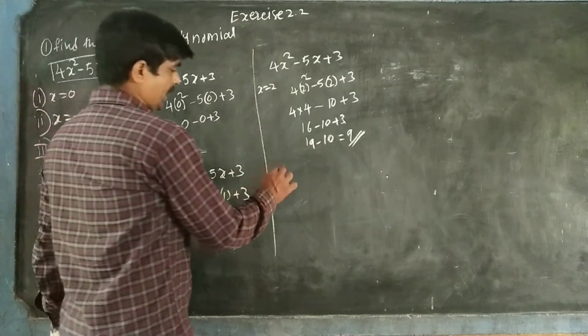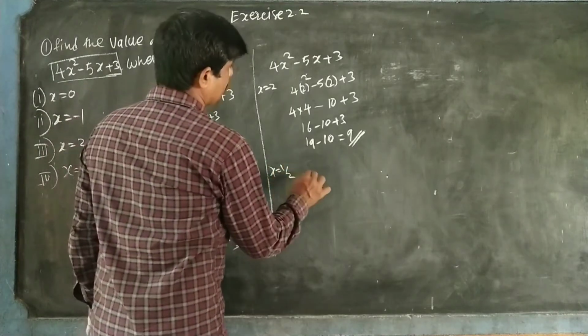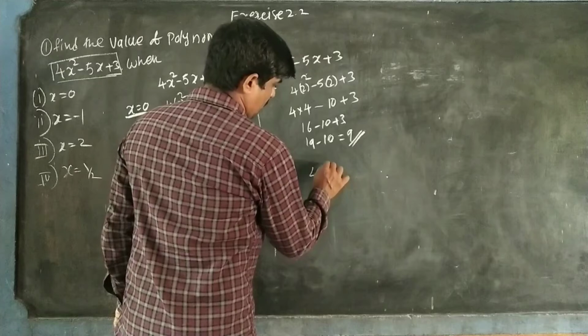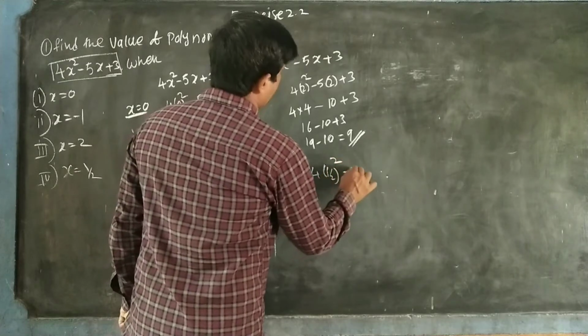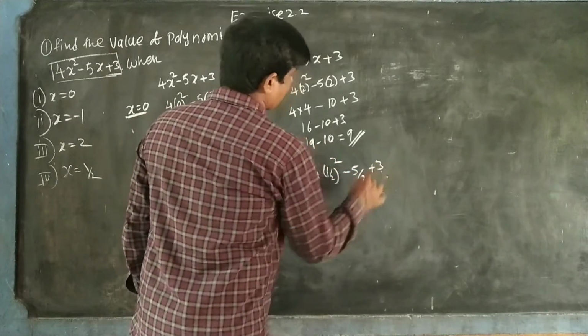Next, you have to take x is equal to 1 by 2. Simple. 4 into 1 by 2 whole square minus 5 into 1 by 2 plus 3.